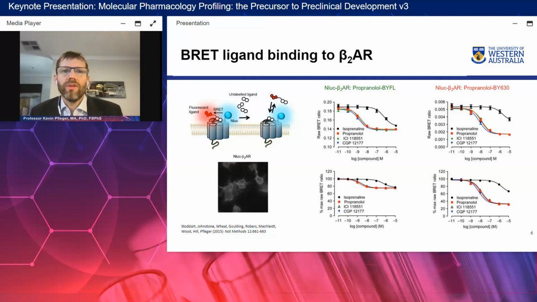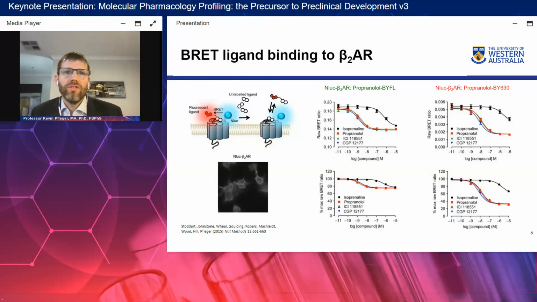So, BRET receptor ligand binding assays. This was some work published and worked up in collaboration with Stephen Hill's laboratory in Nottingham in the UK. You have the Nluc luciferase attached to the N-terminus of a receptor, a GPCR in particular, and that's on the extracellular surface.